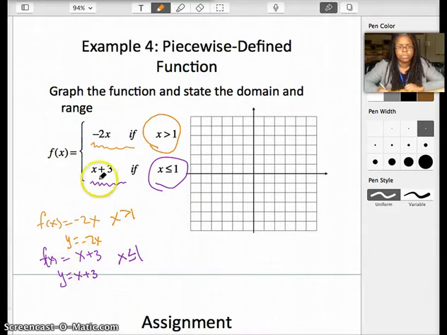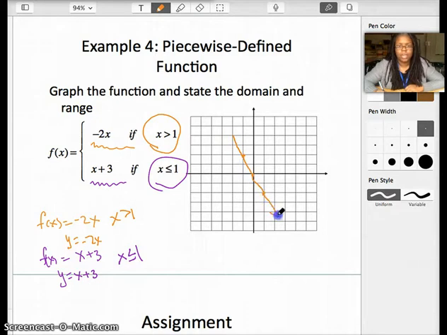If I graph this by itself, forgetting about this restriction, you would go to the center here because that's the y-intercept, and you would tell me if you go down 2, you go to the right 1. And everybody would be satisfied with this as a graph because that's what it is.